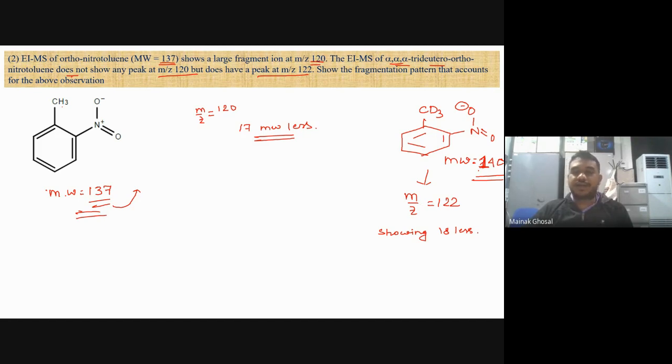That means 2 hydrogens are replaced by 2 deuteriums. So you can get the idea that 3 hydrogens are not there; you get only 2 hydrogens. From there it is very possible that 2 hydrogens are replaced by 2 deuteriums, and you will get a peak at 122.